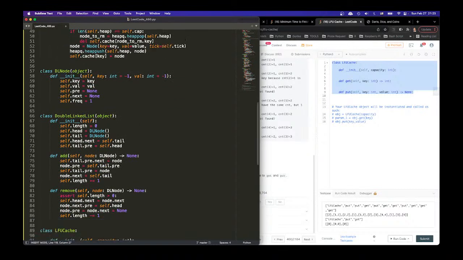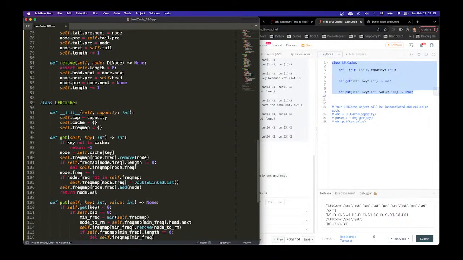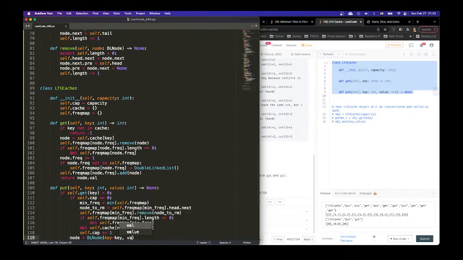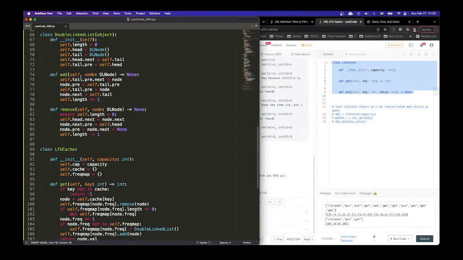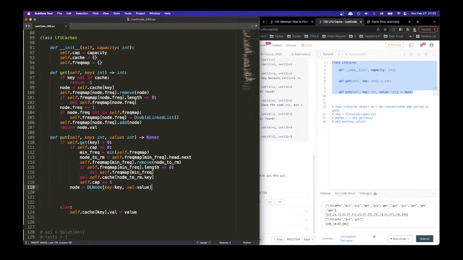What DL node requires? Key and value. So key equals key, val equals value. So I create a node, and its frequency is 1, right? Then self.cap minus equal 1, capacity.